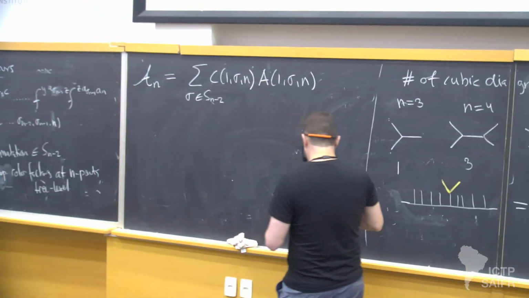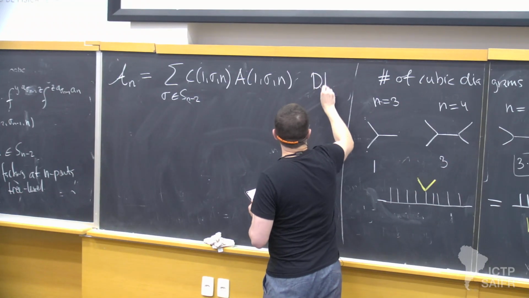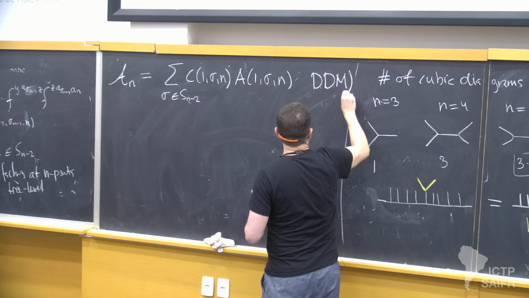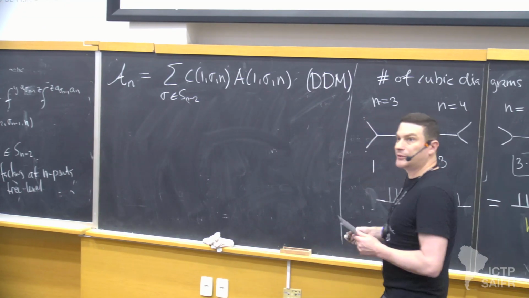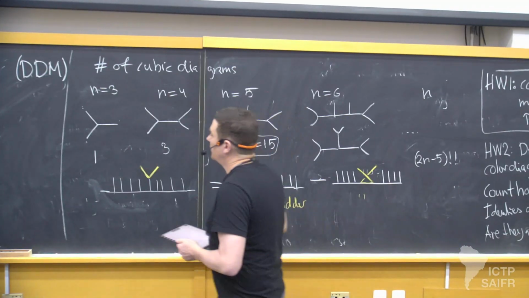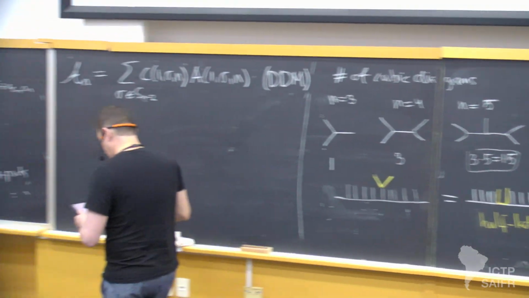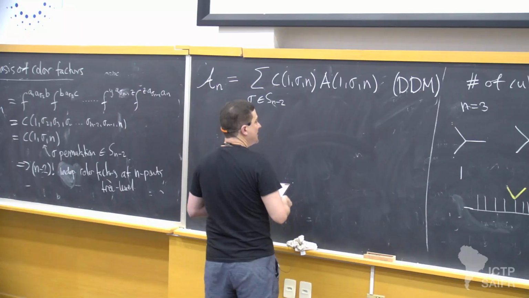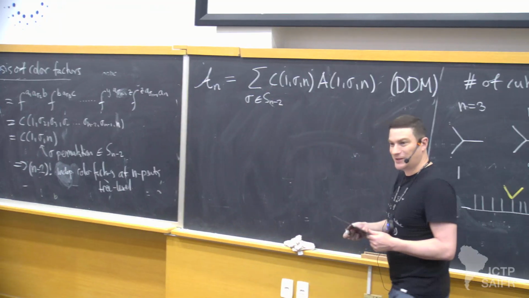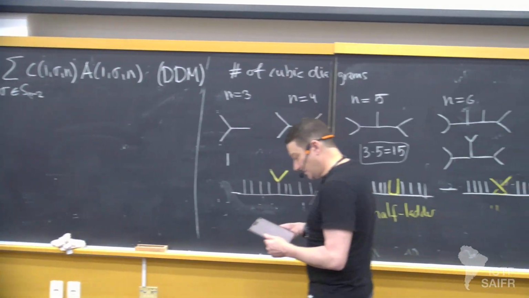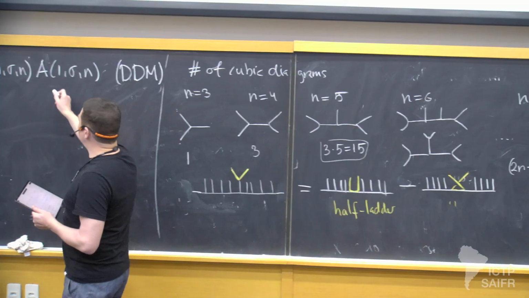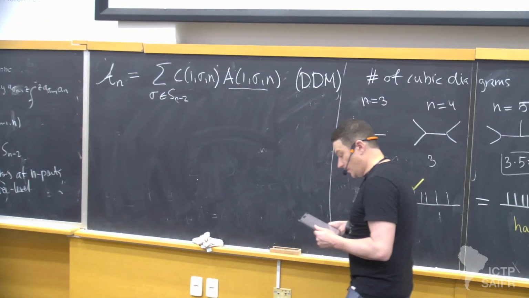And this formula is known as the DDM formula. So it's Dixon, Del Duca, Maltoni. I think the reason it has their name is because when they first formulated it, it was quite a surprise that it existed. What's surprising is that these coefficients here are very special.